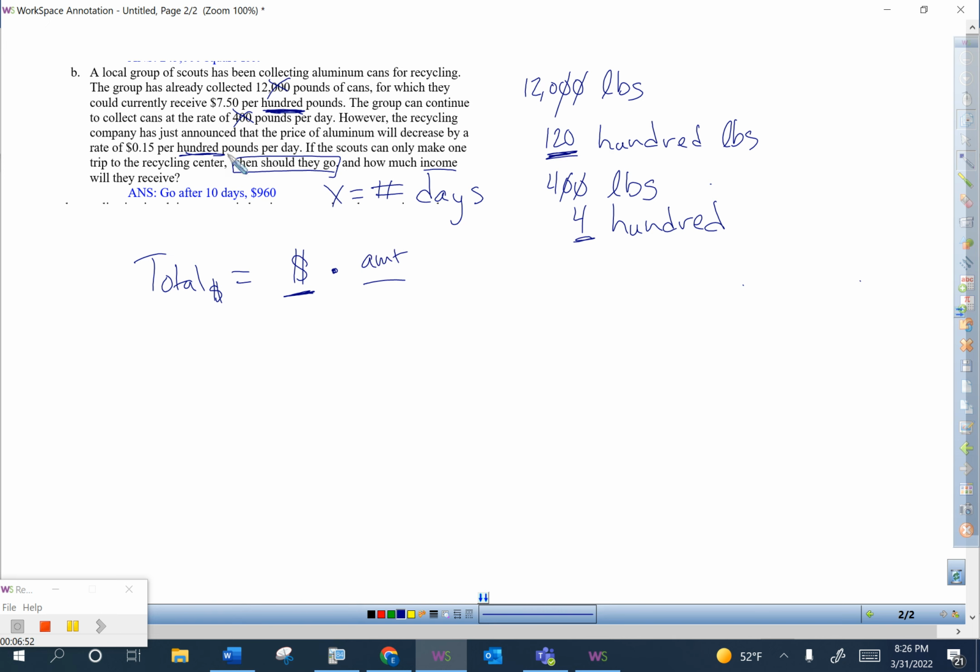So in context of our problem, our rate goes with our money per 100 pounds, and there's two pieces that do that, and our amount goes with the pounds itself. So we're going to write that out. Our income for us is just money per 100 pounds times the amount being the number of hundreds of pounds, right?